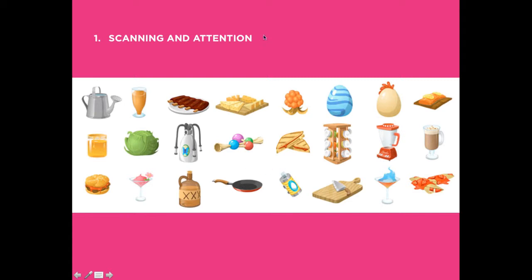But since I asked you to focus and try to find the coffee cup, you probably did not pay attention that there is also a burger among these images. So in web design, when seeking information, people scan pages to achieve their goal and not really read them, usually not noticing what else is on a page.